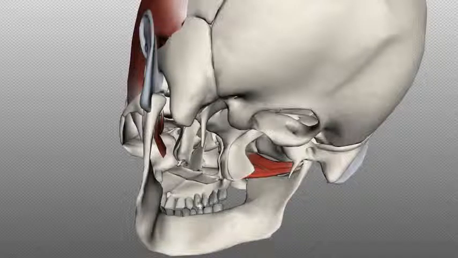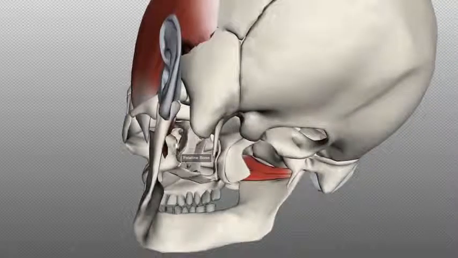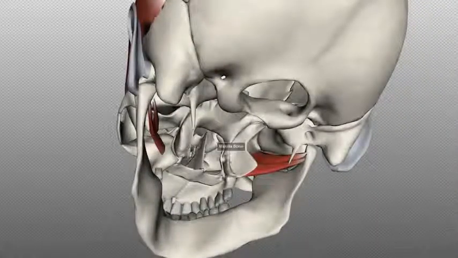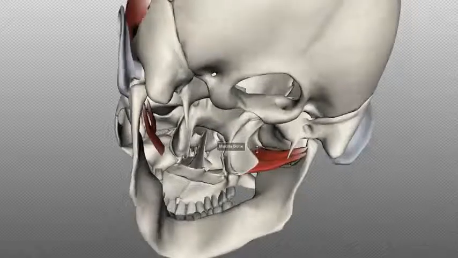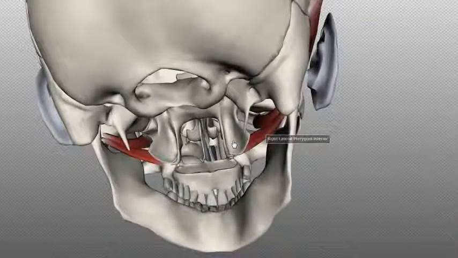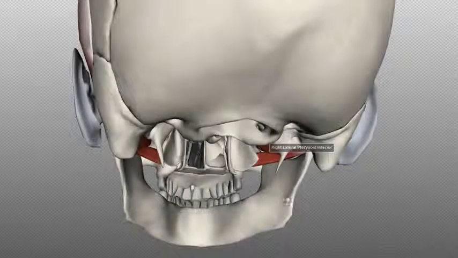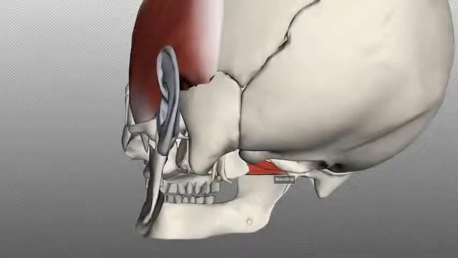So just to repeat that, you've got the pterygoid process here, which is a part of the sphenoid bone. You've got the lateral plate and the medial plate, but the confusing thing is that the medial pterygoid doesn't insert on the medial plate, which is this thing here. It actually originates on the medial surface of the lateral pterygoid plate, and it inserts on the medial surface of the mandible.